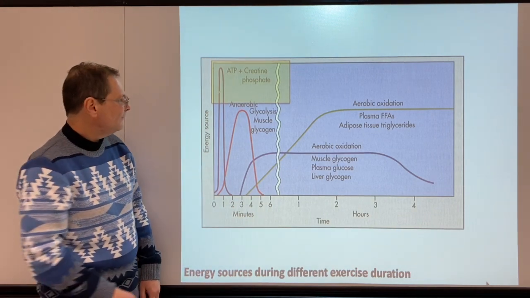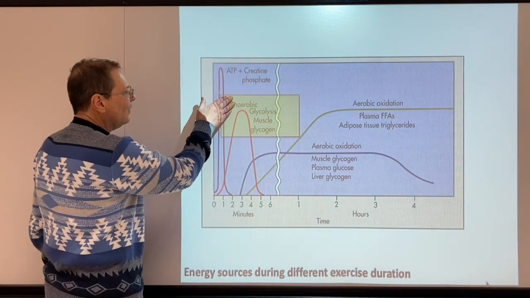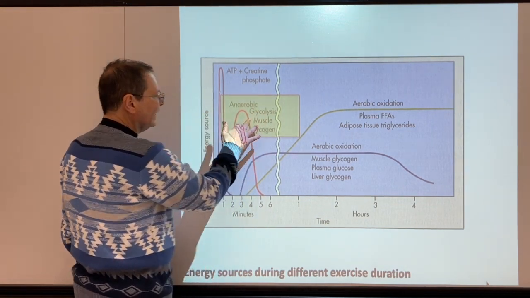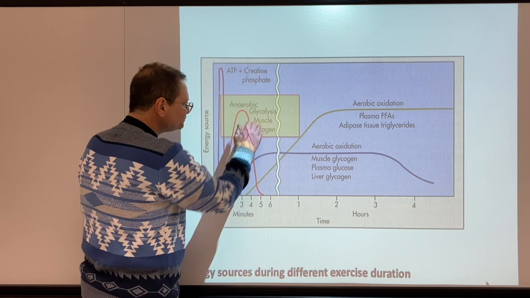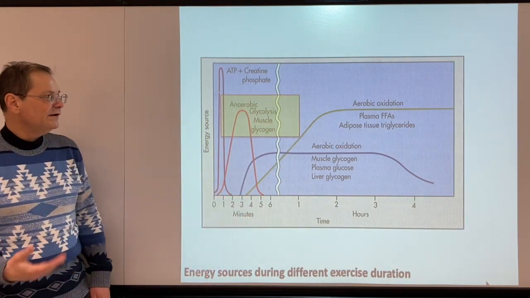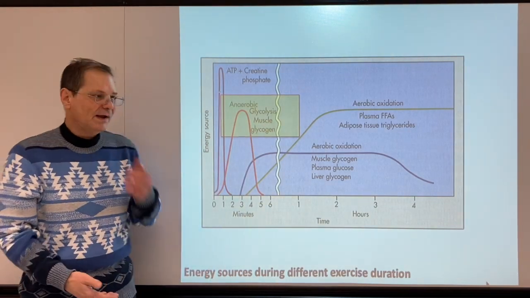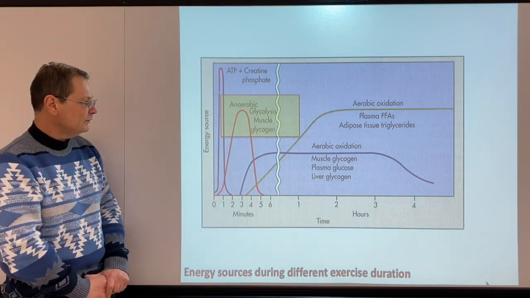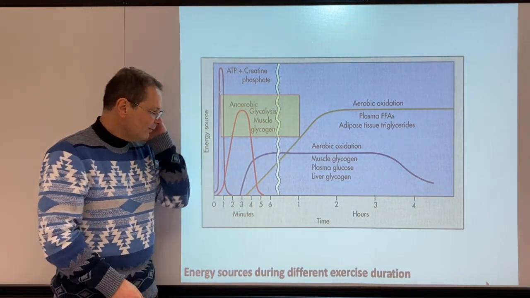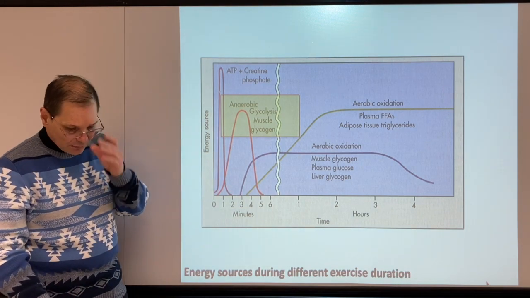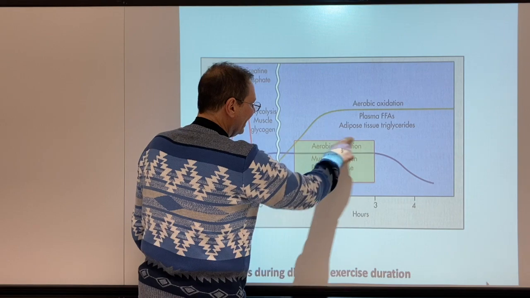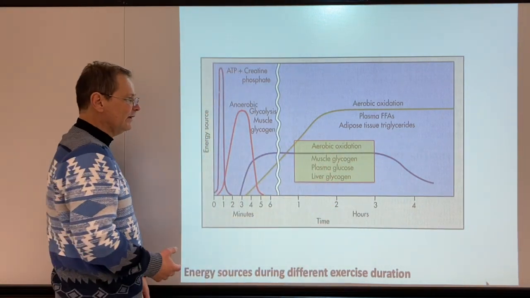If you go a few minutes more, now anaerobic metabolism takes place, and now you're using more glycolysis. And you're starting to use up muscle glycogen, okay? Glycogen in the muscle is being broken down into glucose, which is then being metabolized, okay? If you go longer than that, you transition into more aerobic oxidation now, and your mitochondria are getting involved.